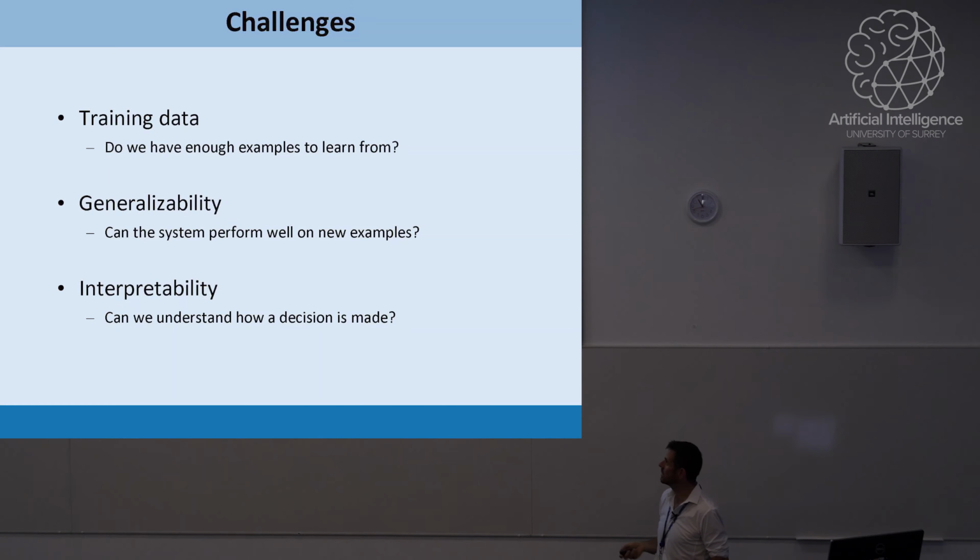And then looking at interpretability, which I know you've already had some lectures on. So understanding how a decision is made, and also understanding how to relay that information to the user. If we're talking about a clinician, making sure the clinician can interact with the AI algorithm in the correct manner is something that's very hard to get right.